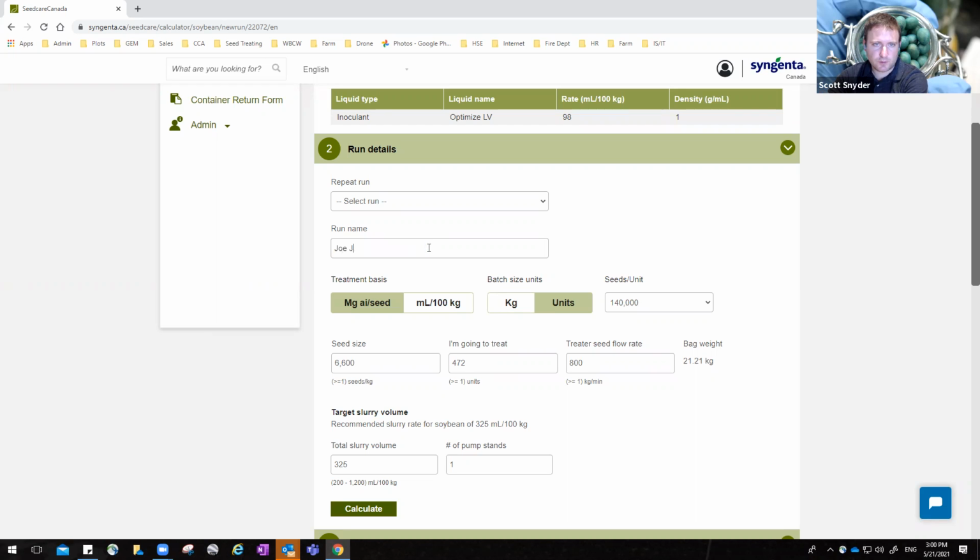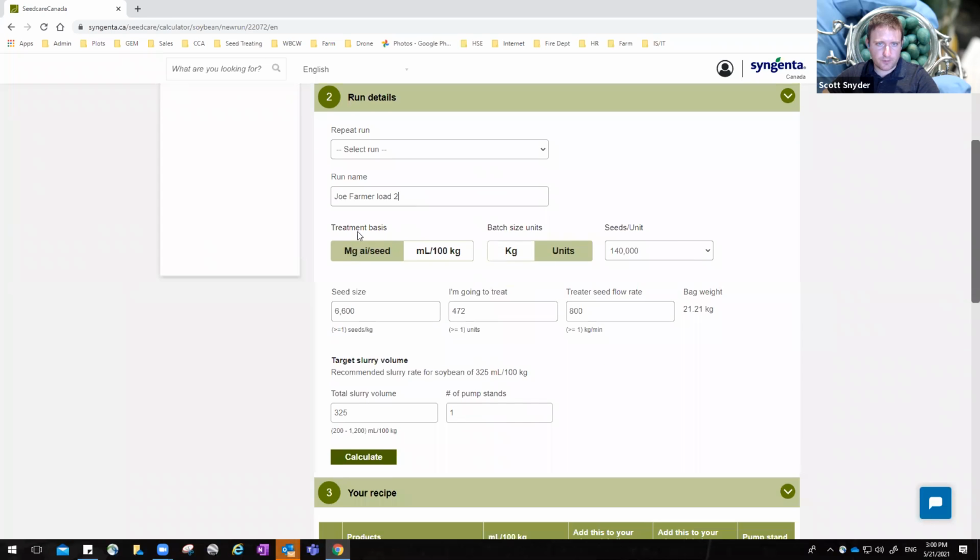So type it in, Joe Farmer load 2. And if you already inputted load 1, you can go on this repeat run, hit his first one. You're going to name it load 2, but it's going to copy everything over from the other order and make it real simple.